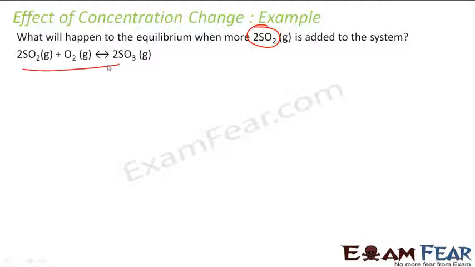If you add more SO2, the system will move in such a direction that it will reduce the concentration of SO2. That means the reaction will move in the forward direction. Very simple. Just by looking at the equation, you can tell that the reaction will move in the forward direction.